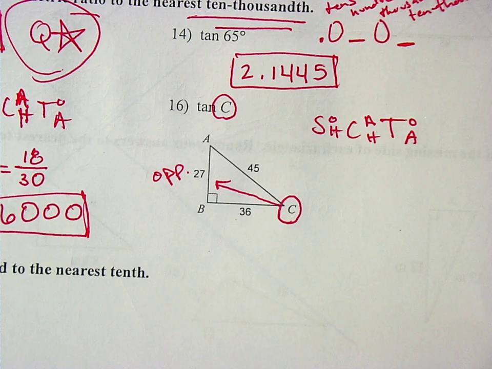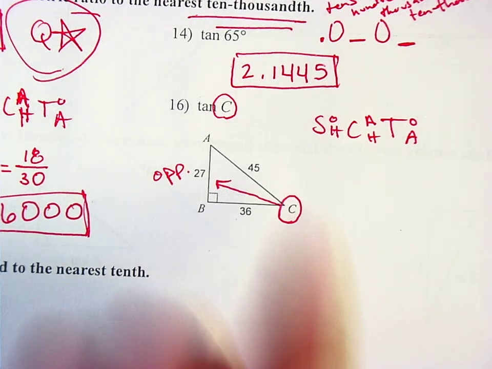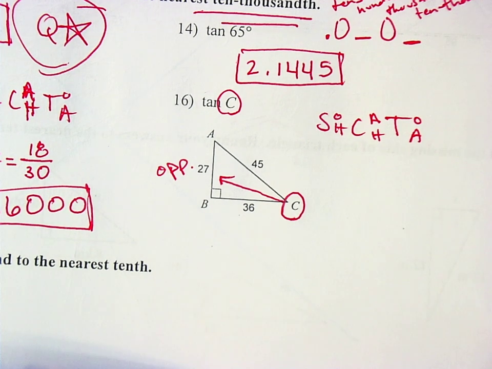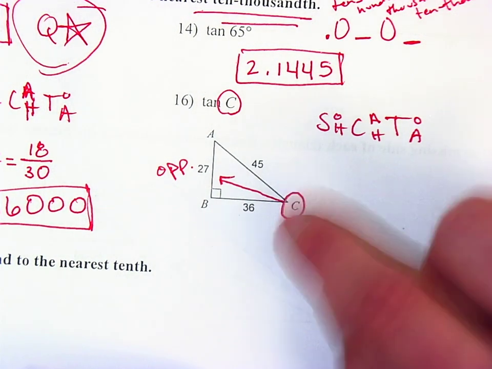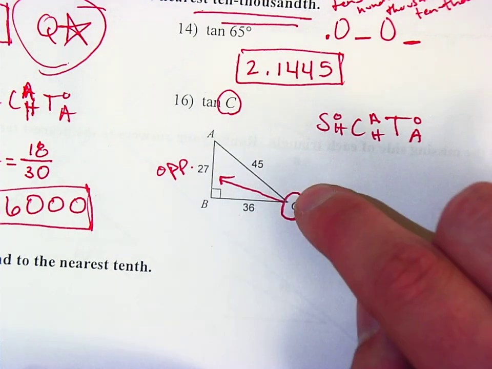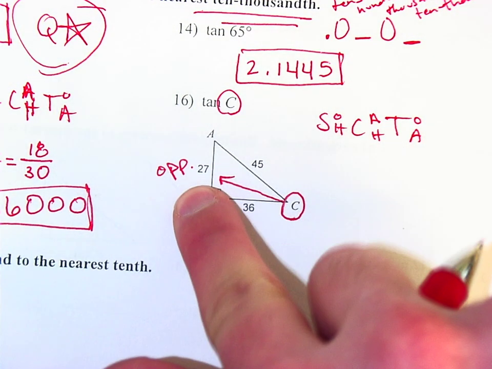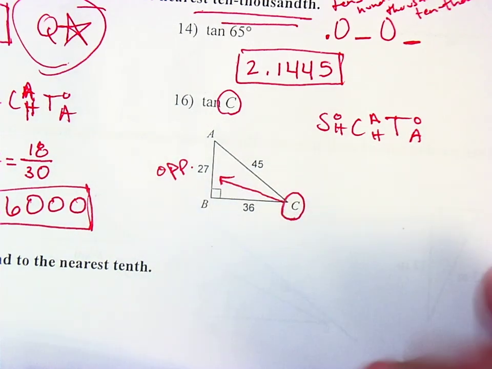Now remember, there are two ways to find the opposite side. You can either go across, or you can look for the leg that is not touching the angle. Well, this leg over here, 27, is not touching C, so it's the opposite.